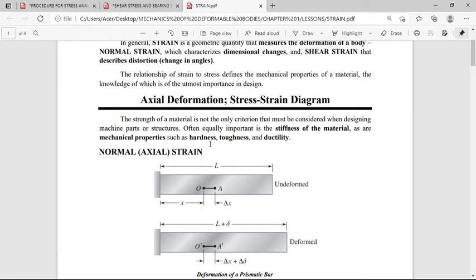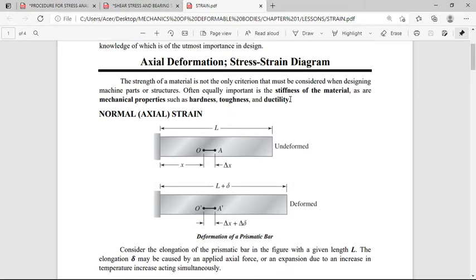So, as are mechanical properties. Ano ba yung mechanical properties na yan? Ito yung pinag-aralan nyo nung elementary tsaka high school: hardness, toughness, and ductility, and so forth. Yun yung mga kino-consider natin when we are designing materials.